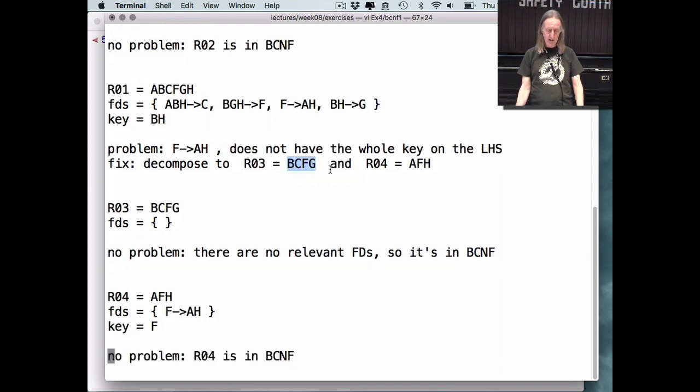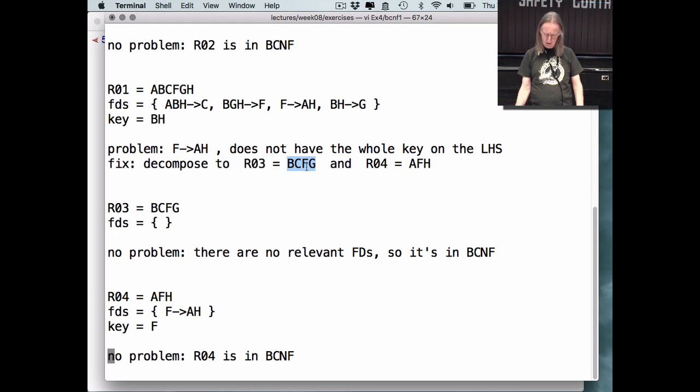Alright, so if we look at this one, I don't think we can find any functional dependencies. You know, in theory we could split this one up and say F determines A, F determines H, but neither of those attributes, apart from F, happens to be there.